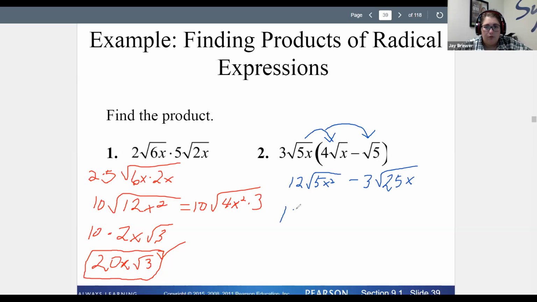So we're going to have a 12x square root of 5 minus 3 times 5 square root of x. So when we clean it up, we get 12x square root of 5 minus 15 square root of x.